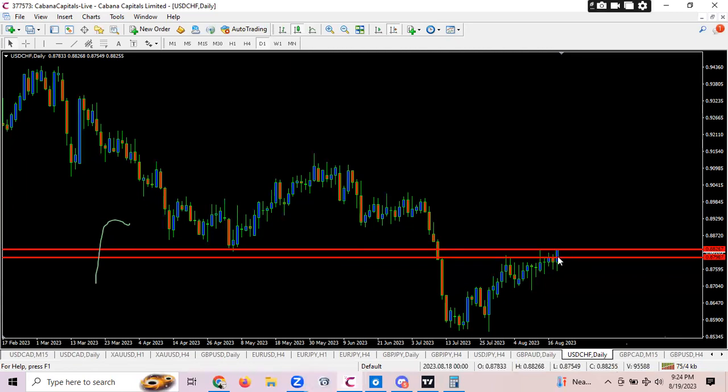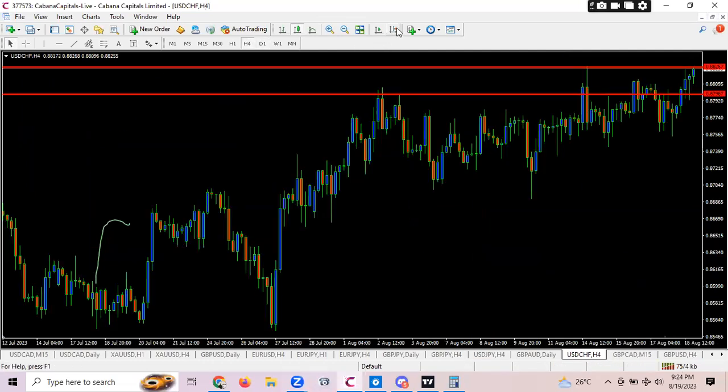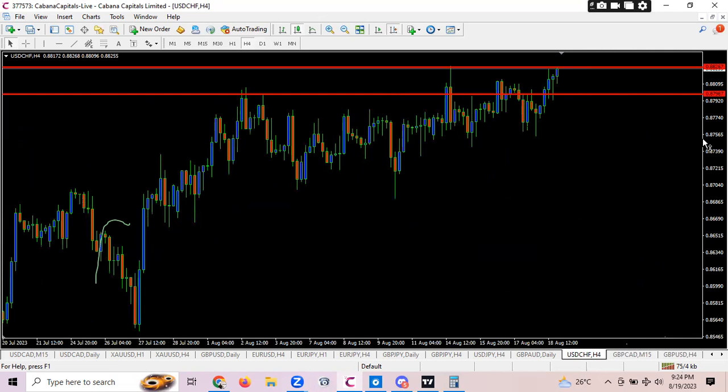Okay, so before you sell, you should wait for a candle to close below the pivot. Wait for a candle to close below the pivot before you sell. Let's go down to 4-hour. What do we have on 4-hour? Okay, so this is a hanging man, a bullish hanging man.